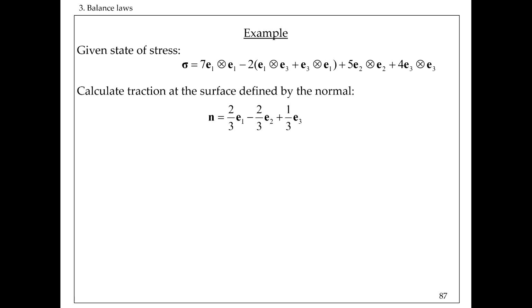Okay, so here's a quick example. If you like, you can practice and calculate that yourself. Just pause this video and calculate before going on. So let's state the problem: we are given the state of stress. Somebody came and said that our stress tensor is such that we have these five components.